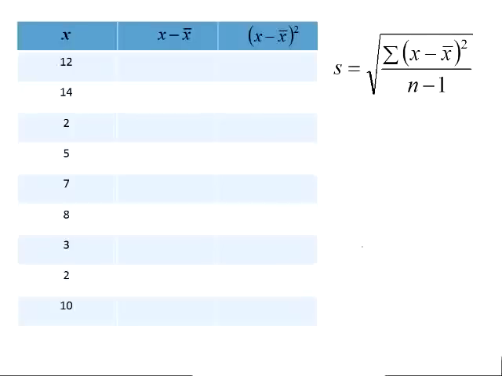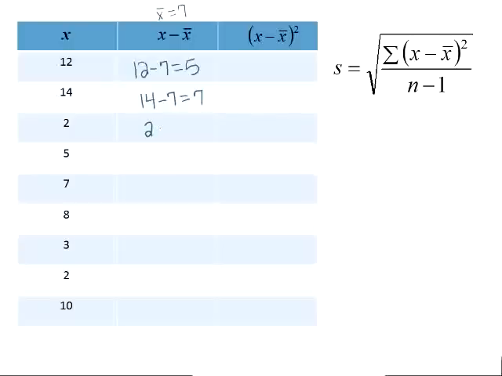Now remember we found the mean on the previous slide. So X bar was equal to 7. So we're going to subtract 7 from each one of these data points. So 12 minus 7 gives me 5. 14 minus 7 will give 7.